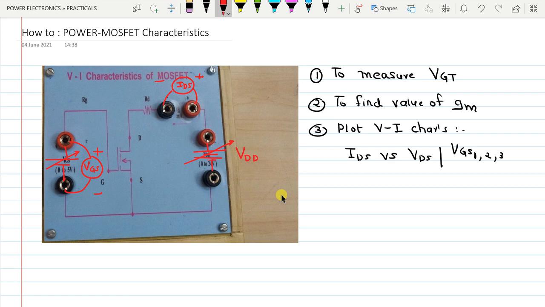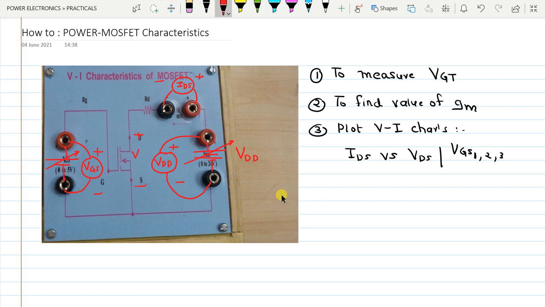So one DC voltmeter to measure VGS, one current meter to measure IDS here. And in order to have accurate readings, we can connect one more meter here, which will measure VDD for now.